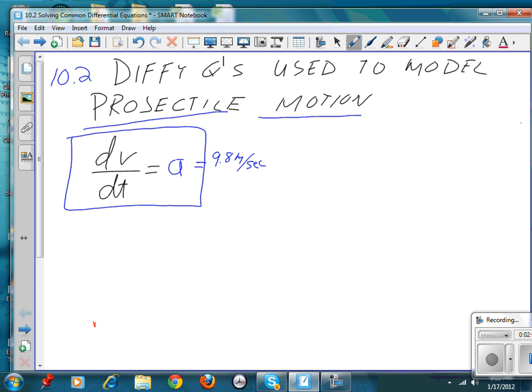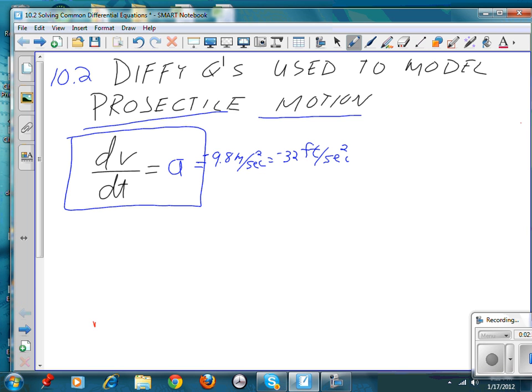I could call this negative 9.8 meters per second squared if I wanted velocity going down as being negative and going up as being positive. Or if I used British units, I could say that's 32 feet per second squared.